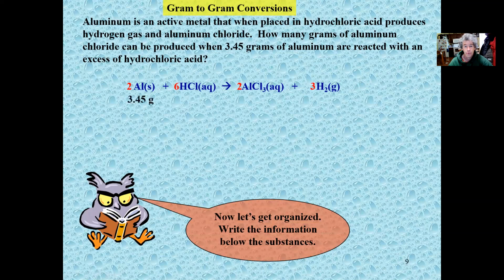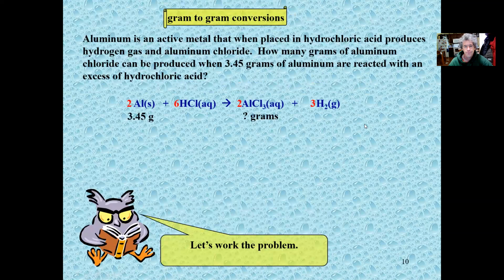And we can look at what we have and what we want. So we have the aluminum, 3.45 grams, and we want to know, well, how much aluminum chloride can I make? Well, let's do the math. Again, like in all the DA we've done, you start with your have and go to your want.